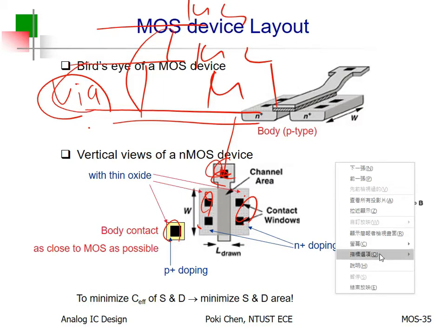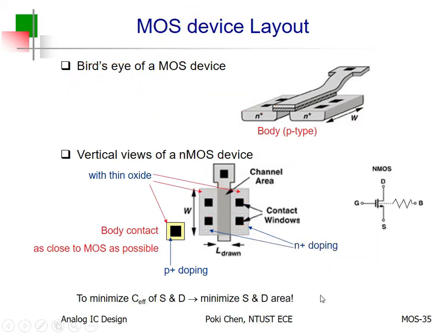Oh, for regular MOSFET, source and drain are symmetrical. It means you can name it source, drain, or you can name it drain, source, up to your convenience. Okay? For what? To simplify the routing.